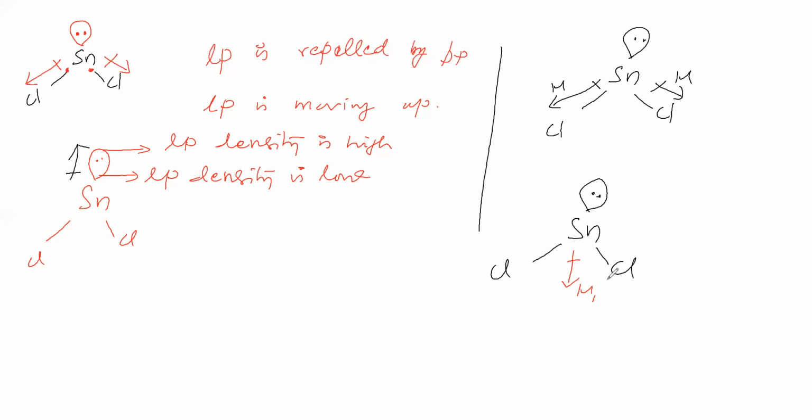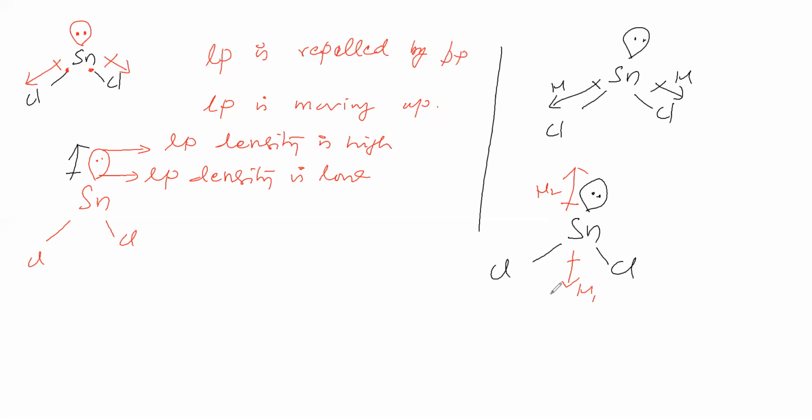Now, this lone pair has a dipole moment like this. This dipole moment and the bond dipole moment need not be the same; we do not know. So, we will say this dipole moment is mu2. For these two bonds, the resultant dipole moment is mu1. For this lone pair, the dipole moment is mu2.